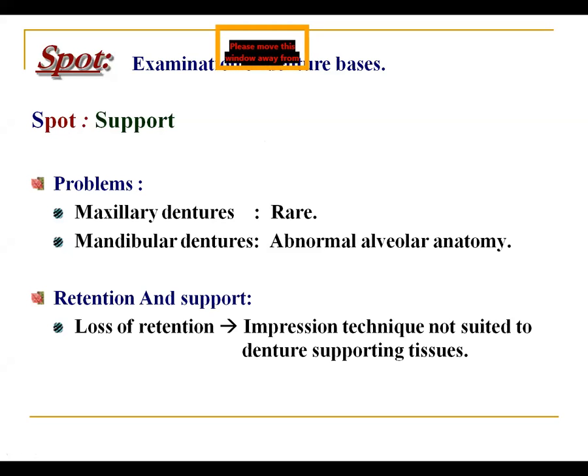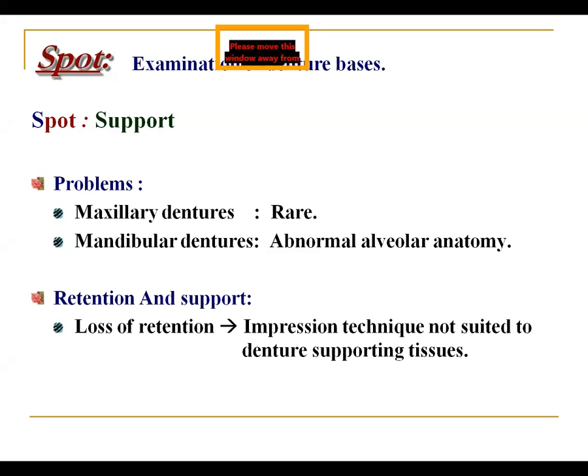But in mandibular denture, there is less denture bearing area, so we get less support. And if there is any abnormal alveolar anatomy, we will get less support. I have to evaluate these two things, retention and support.